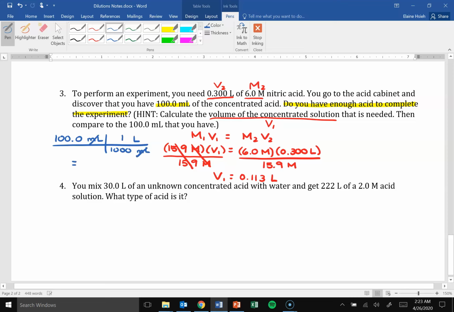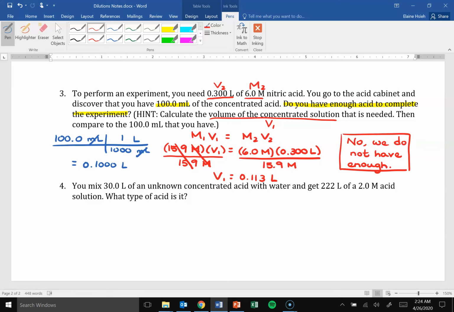And that is 0.1000 liters. So we need 0.113 liters of the concentrated solution, but in the cabinet we only have 0.1000 liters. So what this means is, no, we do not have enough acid to complete the experiment.